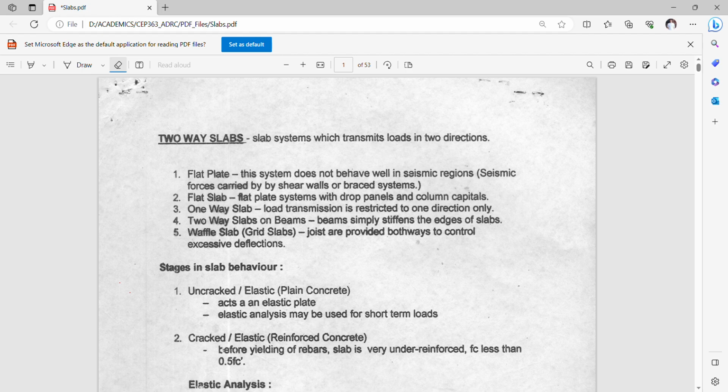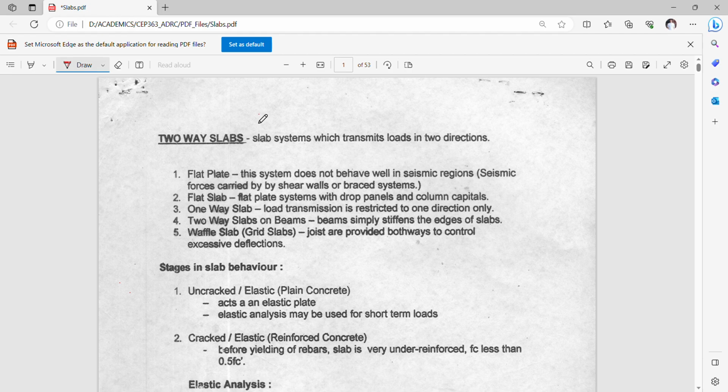This is not commonly used in building framing systems simply because it has to be supported by some of the structural systems such as shear walls or braced frames to ensure that it will be adequate enough to resist the earthquake or seismic forces, including the wind forces, in case the framing is subjected to such natural forces.